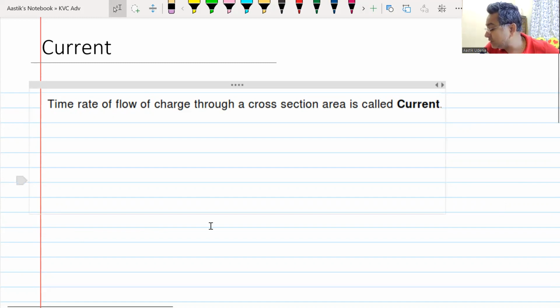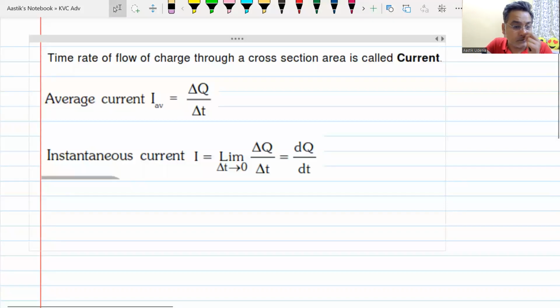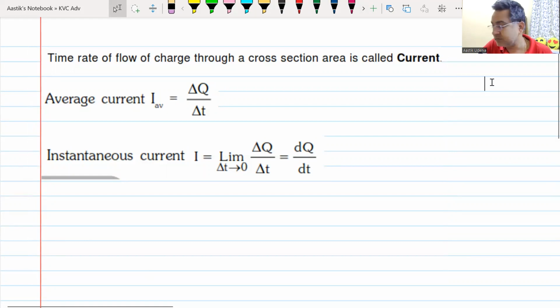Do we know this? Yes or no? Sir, average current is total charge per total time, and instantaneous current is current at any instant.